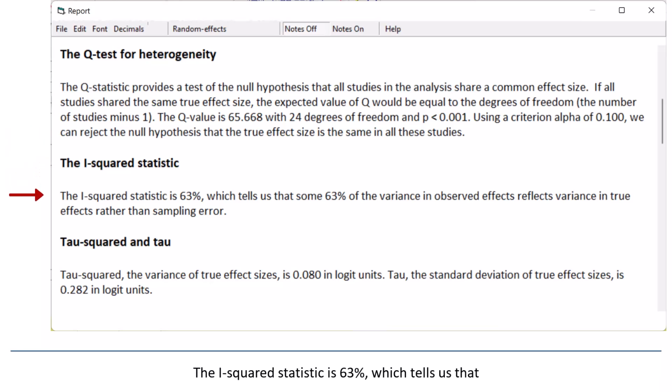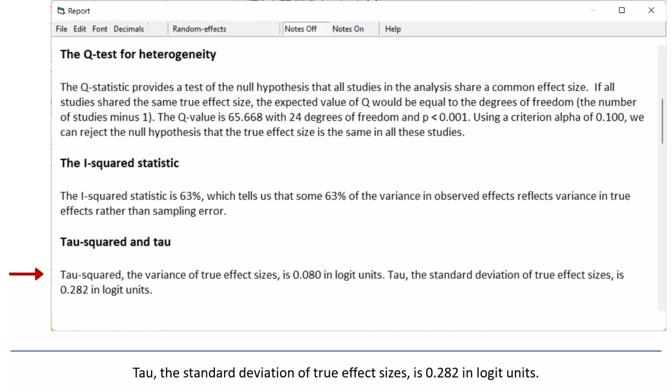The I squared statistic. The I squared statistic is 63%, which tells us that some 63% of the variance in observed effects reflects variance in true effects rather than sampling error. Tau squared and tau. Tau squared, the variance of true effect sizes, is 0.080 in logit units.